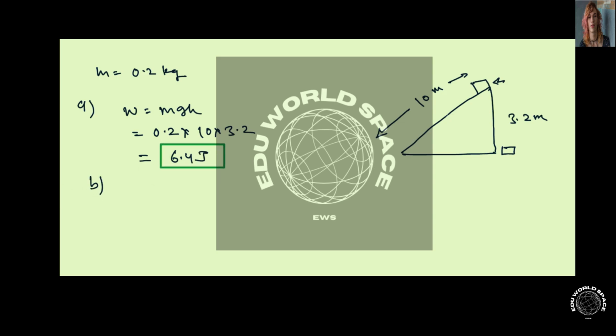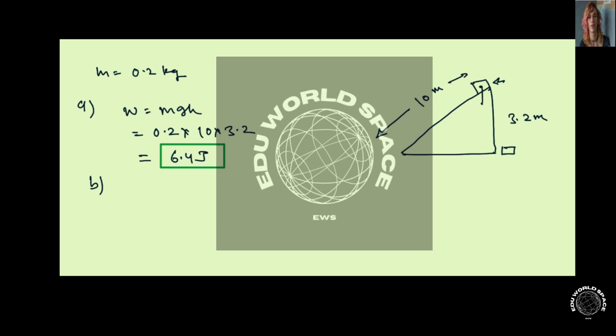Part B: how much work was required to slide the block up the incline? When we slide this block up the incline, the work will be force multiplied by the distance. Here the distance will be 10 meter.